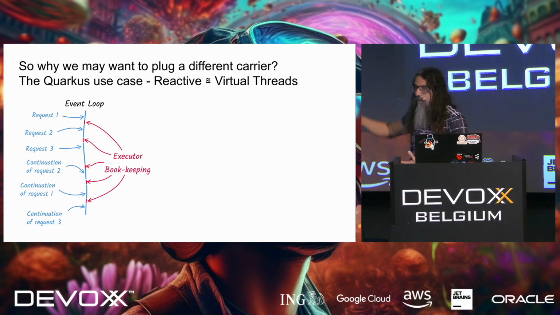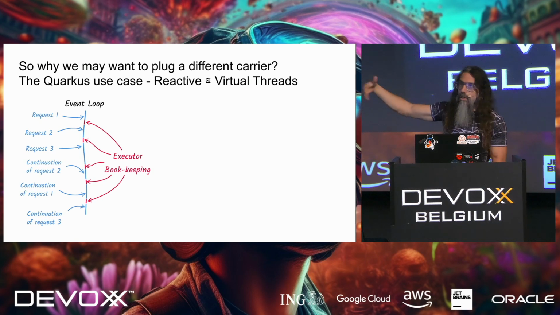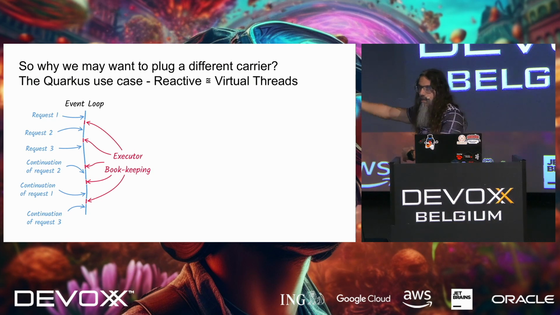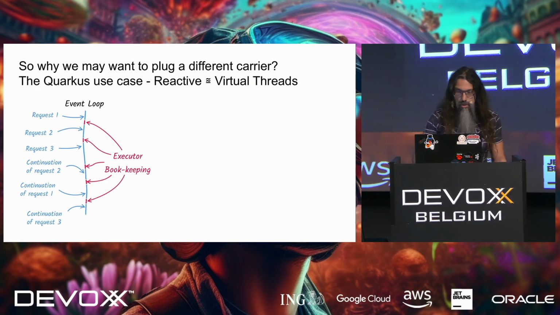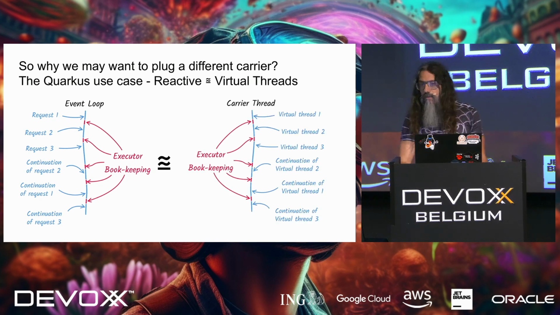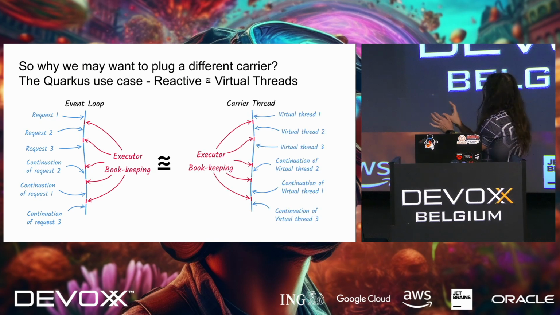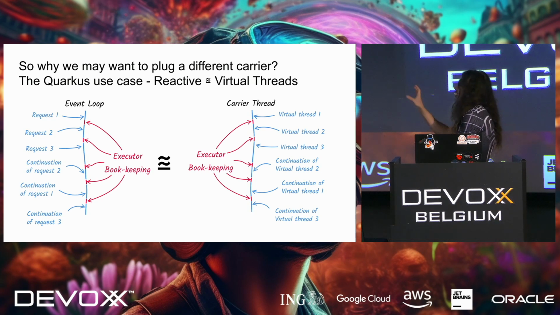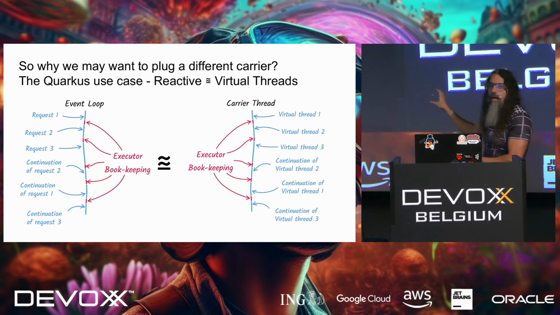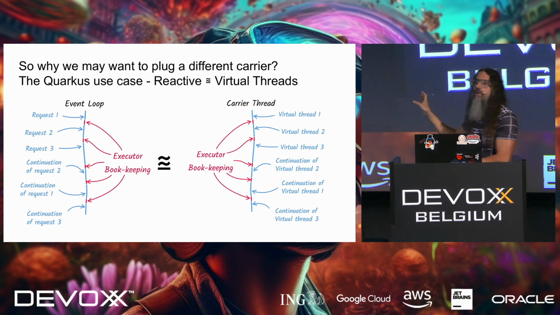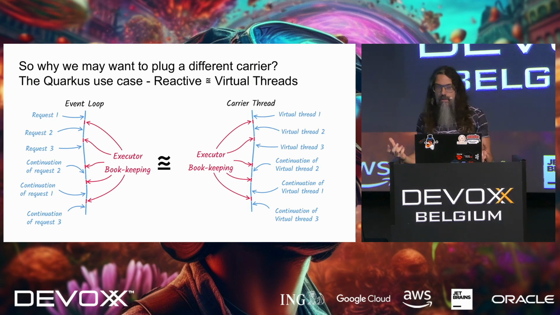Then when the blocking operation is completed, it can restore the work on the event loop without blocking it. If you think about it, this is exactly the same thing that happens with virtual threads. A reactive event loop and virtual thread machinery model exactly the same thing.